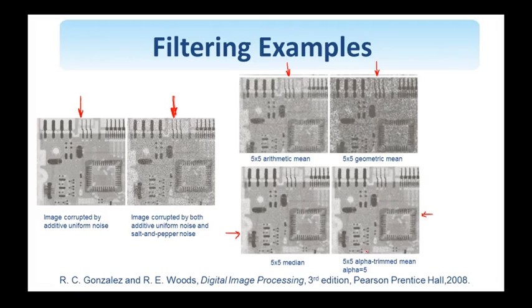So in this case, both results are considerably better and quite good, and one might even say, by looking at the fine details, that the alpha trimmed mean is slightly better than the median filter. Again, this being an enhancement problem, there are no guidelines as to which filter and with which parameters is going to provide the best results.